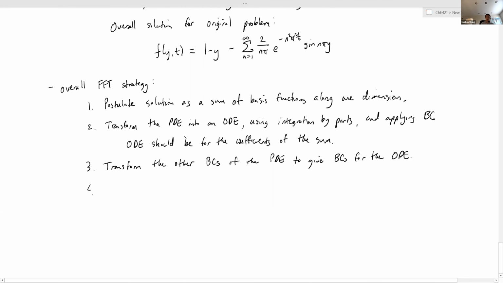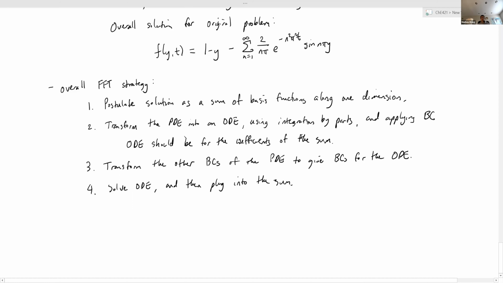And then the last one should be the easiest, actually. It's basically just to solve the ODE and then plug into the sum.